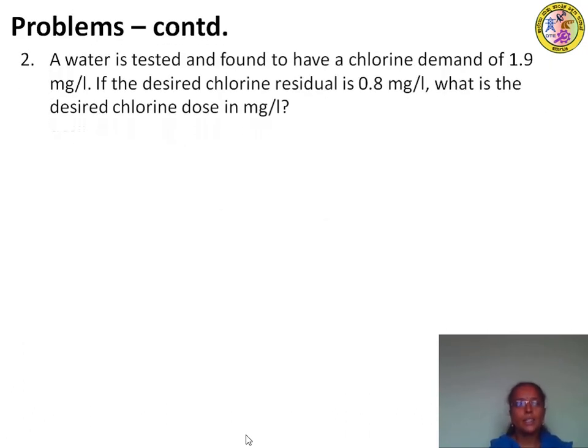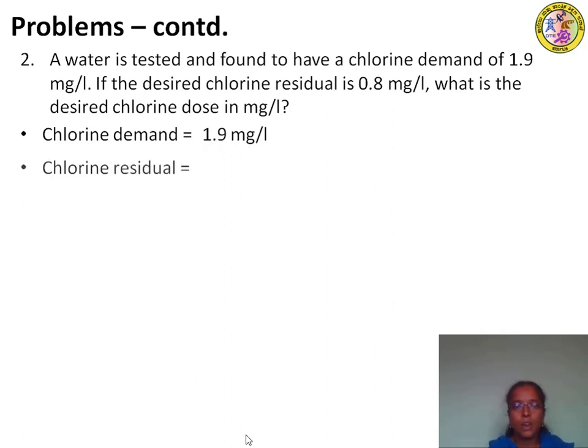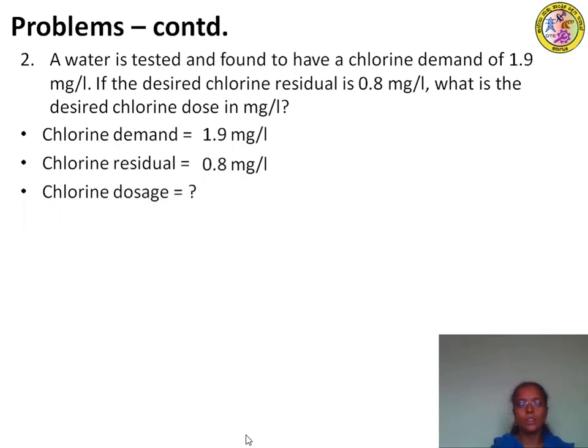Next, we'll take up the second problem. A water is tested and found to have a chlorine demand of 1.9 milligram per liter. If the desired chlorine residual is 0.8 milligram per liter, what is the desired chlorine dose in milligram per liter? Let us write the data. Chlorine demand is 1.9 milligram per liter, residual chlorine is 0.8 milligram per liter, and chlorine dosage is unknown.